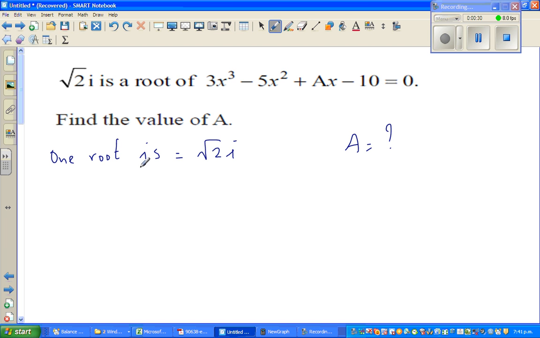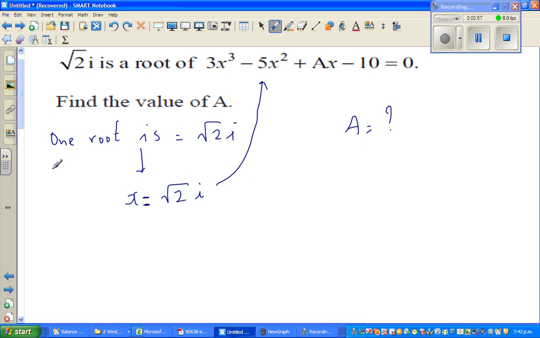Now what does this mean? This means x is equal to root 2i. Whenever they say a root is this, it means that x is equal to root 2i. So I'm going to put this in the equation. If one value of x is root 2i, I can put x as root 2i.